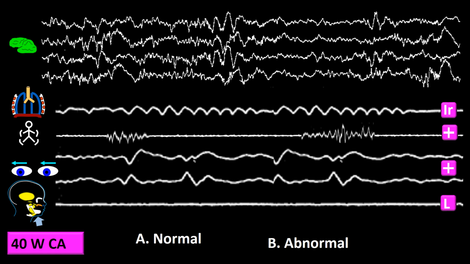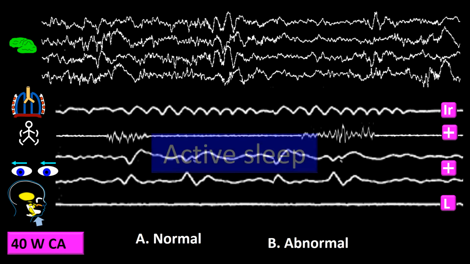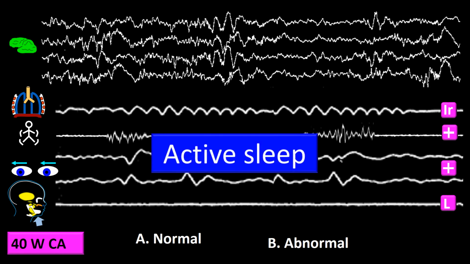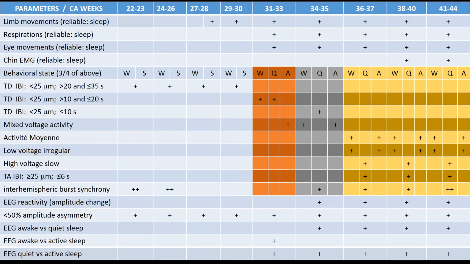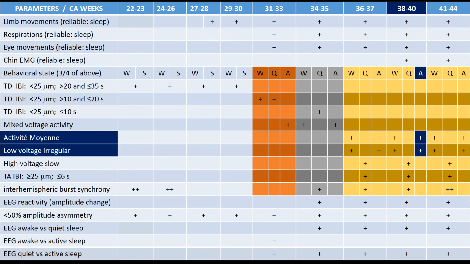Chin EMG is low. So we're dealing with active sleep. As you can see in this table, at 40 weeks conceptional age, during active sleep, two patterns may be present: activité moyenne and low voltage irregular.